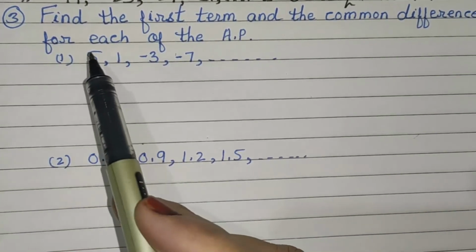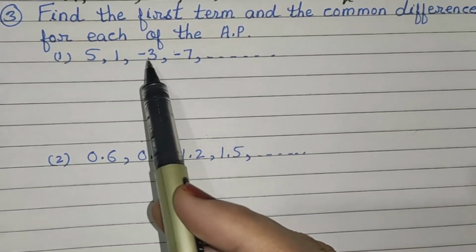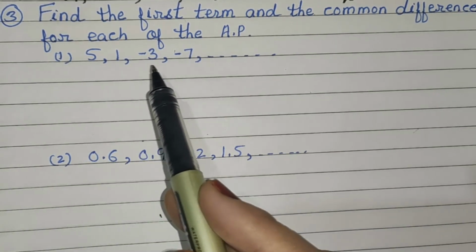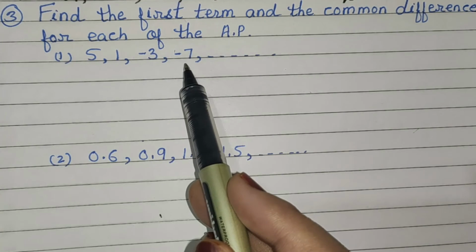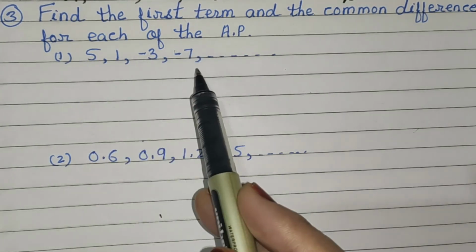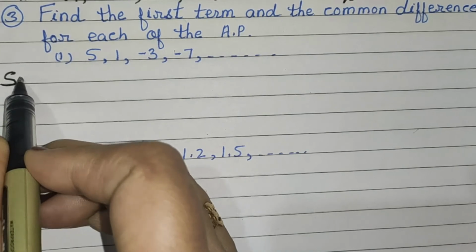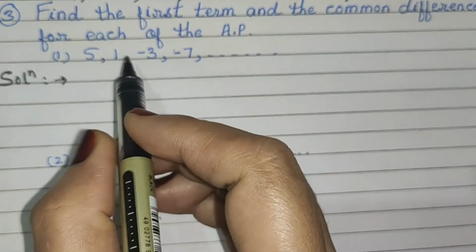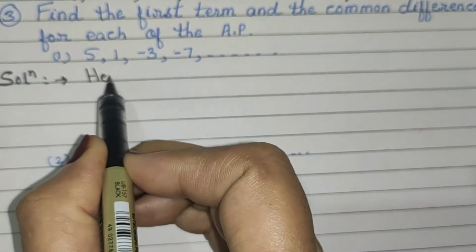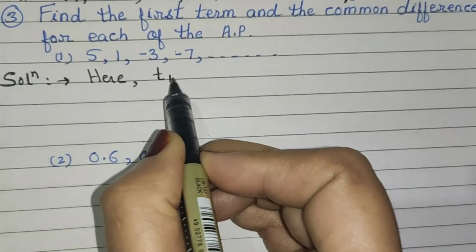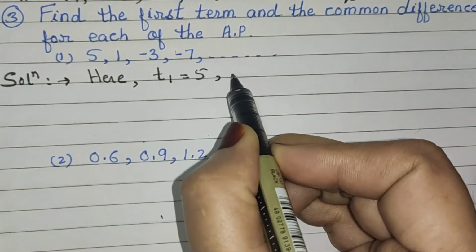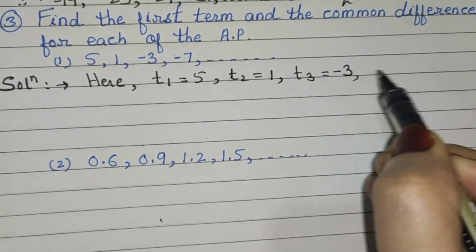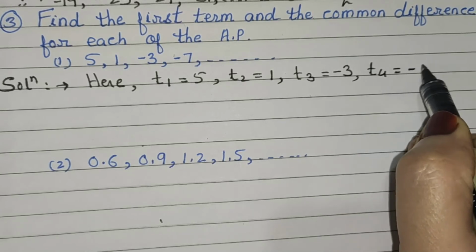Now the next question is, find the first term and the common difference for each of the AP. First one is 5, 1, minus 3 and the next term is minus 7. It is given that it is an AP. Now the solution. Our aim is to find the first term and the common difference. Here T1 is equal to 5, T2 is equal to 1, T3 is equal to minus 3 and T4 is equal to minus 7.